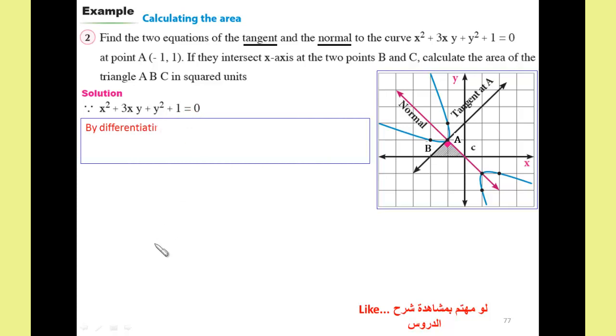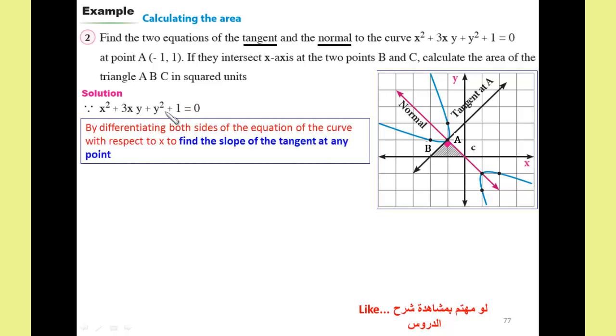So, by differentiating both sides of the equation with respect to x, to find the slope of the tangent at any point: what's the derivative of x squared? It's 2x. The derivative of 3xy is 3x dy/dx plus 3y. The derivative of y squared with respect to x is 2y dy/dx, equals 0.